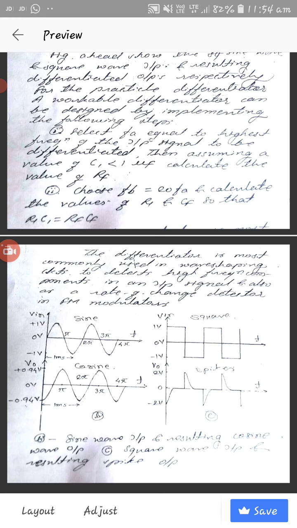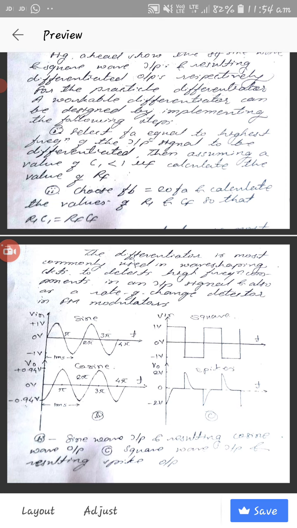The figure shows B and C. Figure B shows a sine wave input and the resulting cosine wave, and C is a square wave input and the resulting spikes at the output.